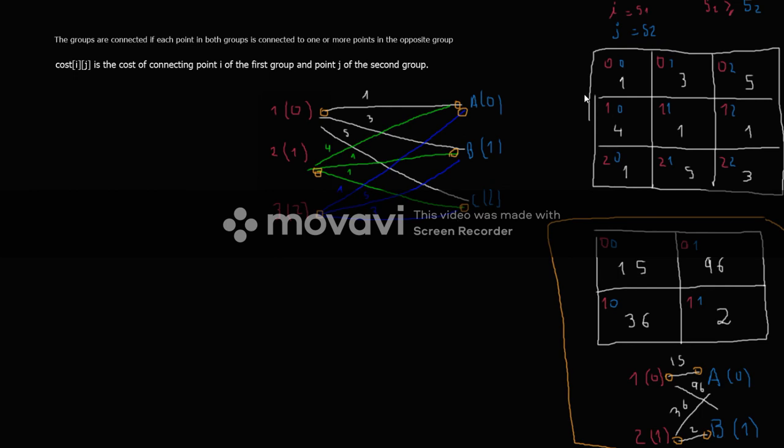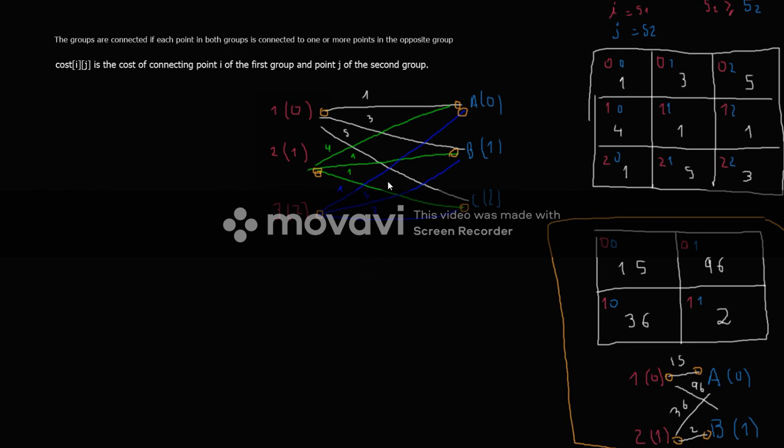Now, with a little bit of analysis, we check whether or not all these points are connected, and they are. Okay, they undoubtedly are connected. But the thing is that we have to find out what is the minimum connection, and by that I mean the minimum connection cost for all nodes to be connected.